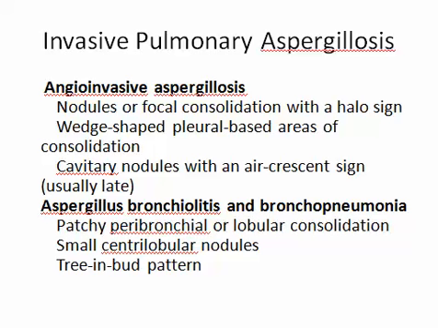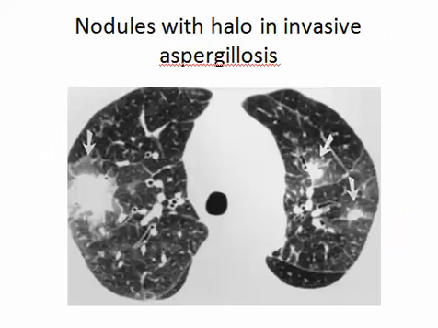The aspergillus bronchiolitis and bronchopneumonia is patchy peribronchial and lobular consolidations and tree-in-bud pattern, so it is near to that of TB. This is the appearance of nodules with halo in invasive aspergillosis, in which we can find nodules or focal consolidation with halo signs and wedge-shaped pleural-based opacities, sometimes cavitating. Any of these can cavitate.